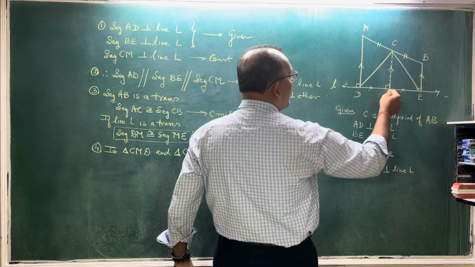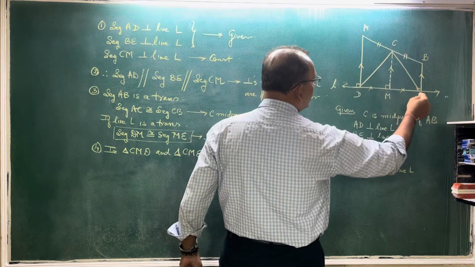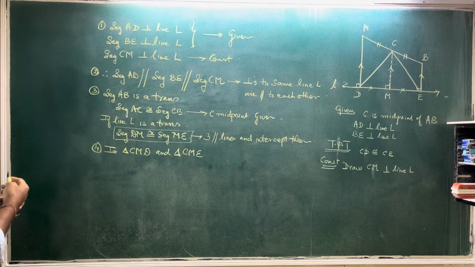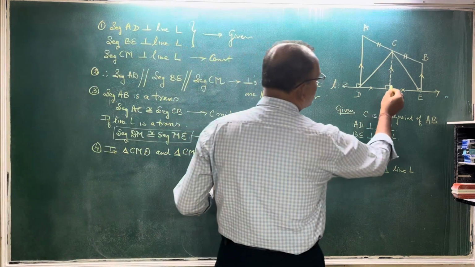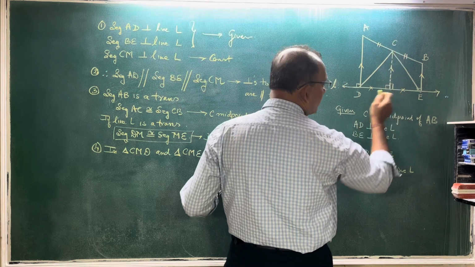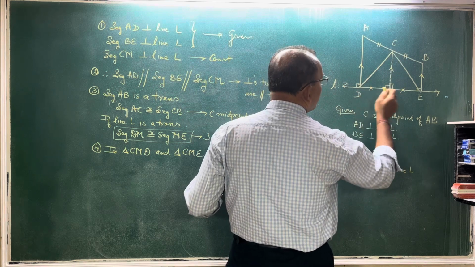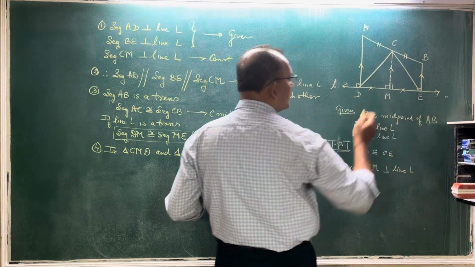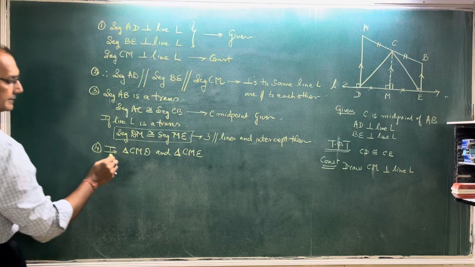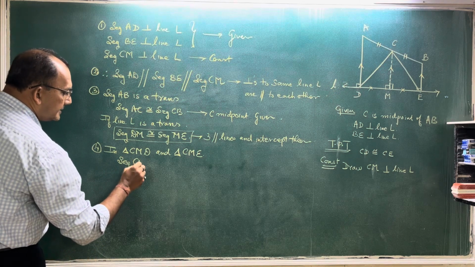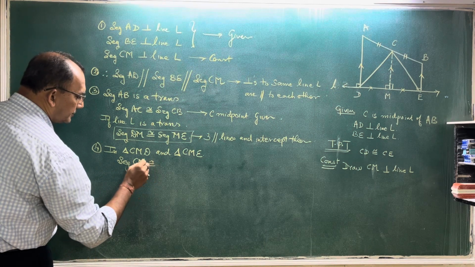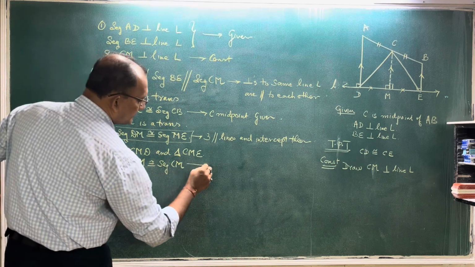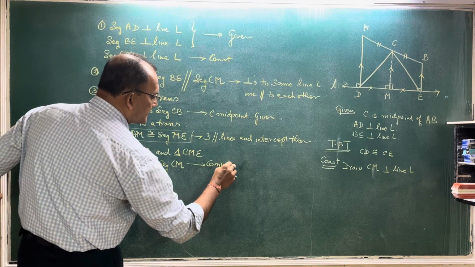Look at CMD and CME, these two triangles. Some information is available. These two are right angles because it's a perpendicular. Then we have segment DM congruent to ME. Then CM is congruent to CM, a common side.